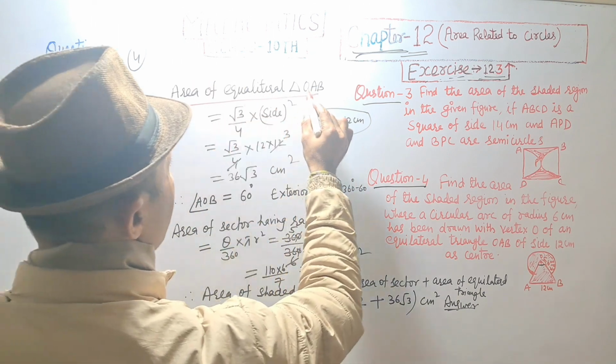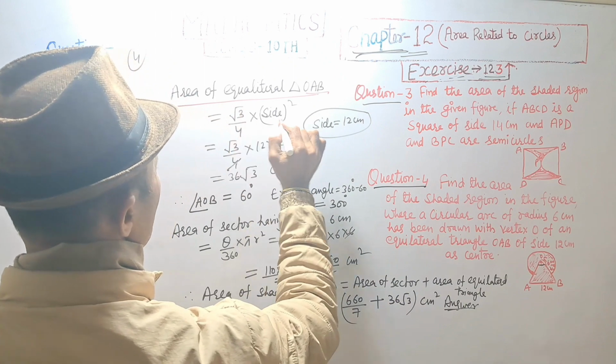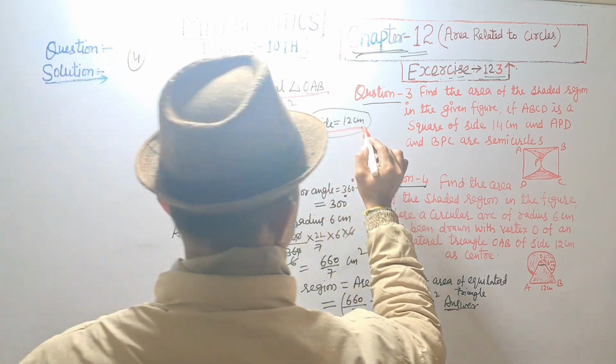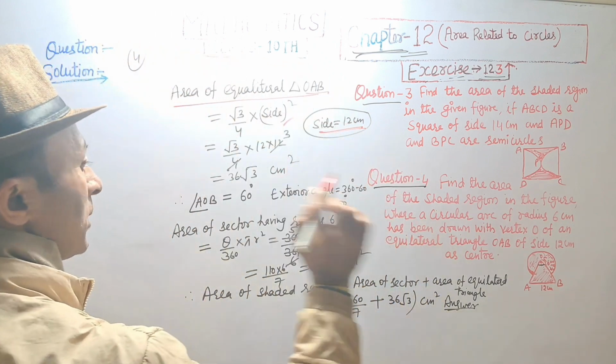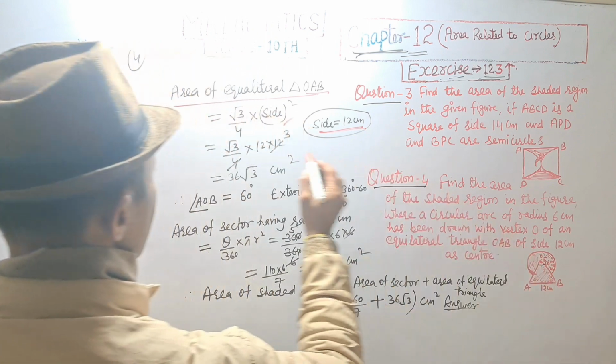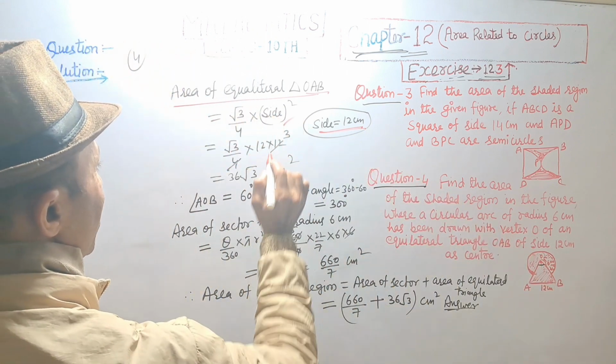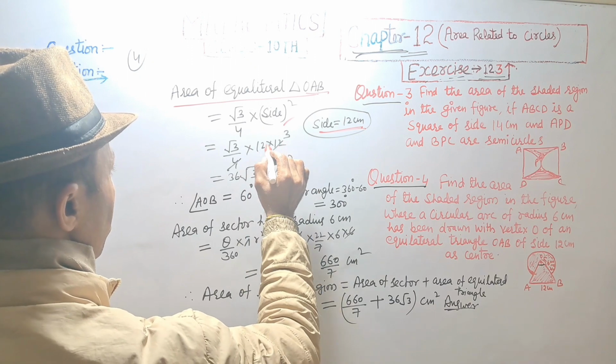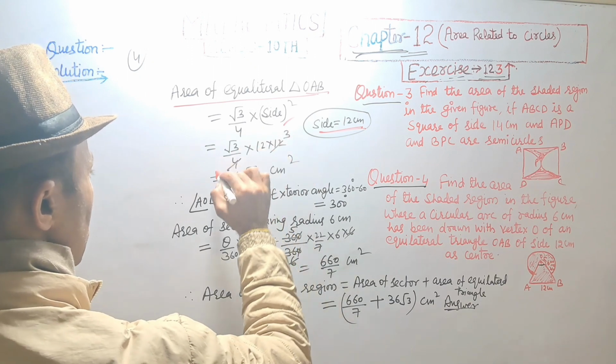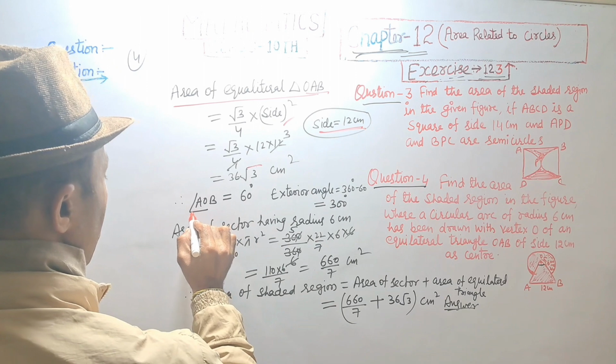Area of equilateral triangle OAB is root 3 upon 4 side square and given side is equal to 12 centimeter. Root 3 upon 4 into 12 into 12. 4 3s are 12, 12 3s are 36 root 3 centimeter square.